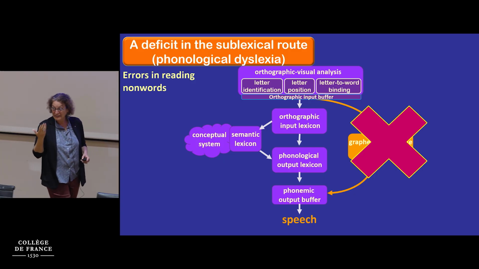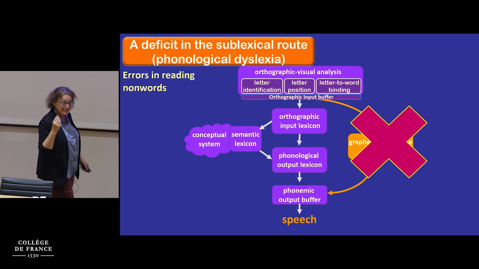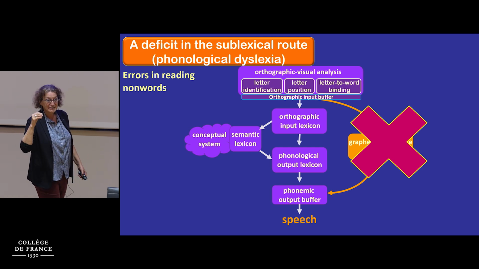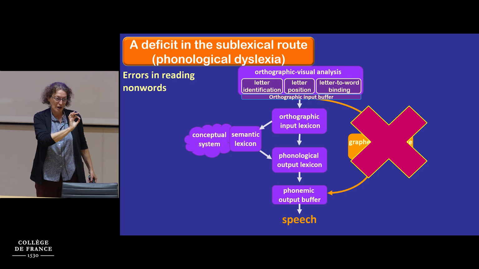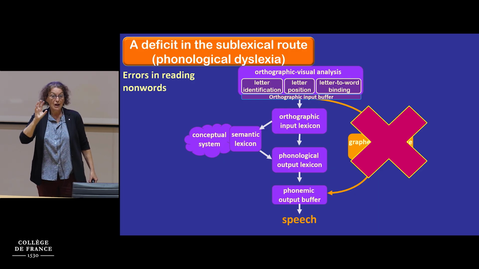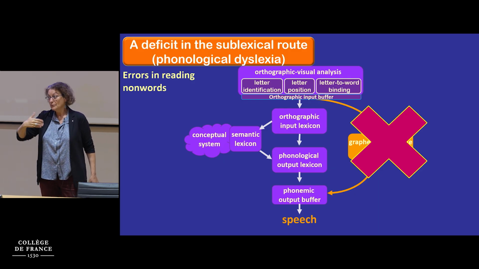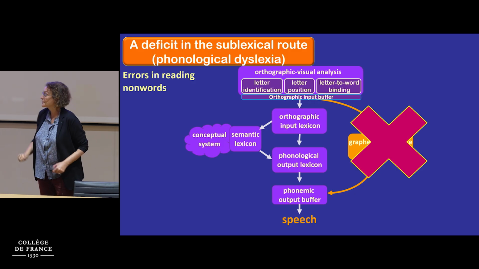sublexical route. So what does the sublexical route do? It is in charge of reading new words. So it's in charge of reading a word by converting letters to sounds. Okay? So if someone has a problem in this sublexical route, they will have problems in reading new words and non-words.